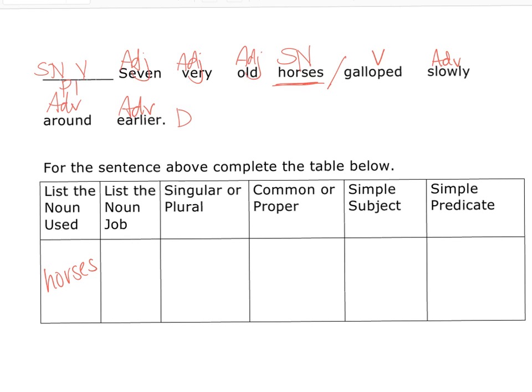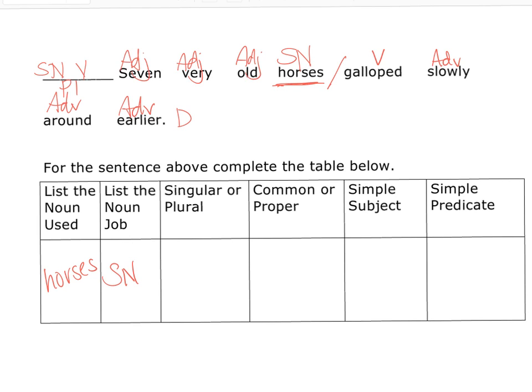Then the second column asks me to list the noun job. The noun job is whatever I labeled my noun within the sentence. When I look at the word horses, I notice that I labeled it as a subject noun. And so underneath where it says noun job, I'm simply going to write SN for subject noun.